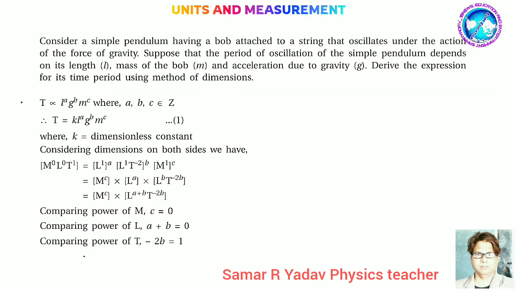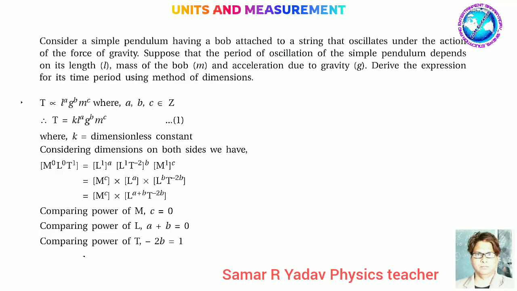Derive the expression for its time period using the method of dimensions. T is proportional to L^a g^b m^c, where a, b, c belong to Z. Therefore, T is equal to K L^a g^b m^c, equation 1, where K is a dimensionless constant.